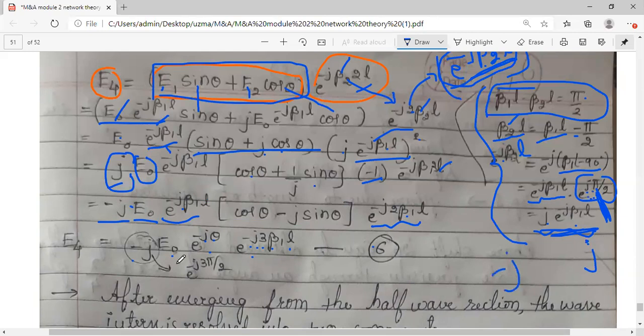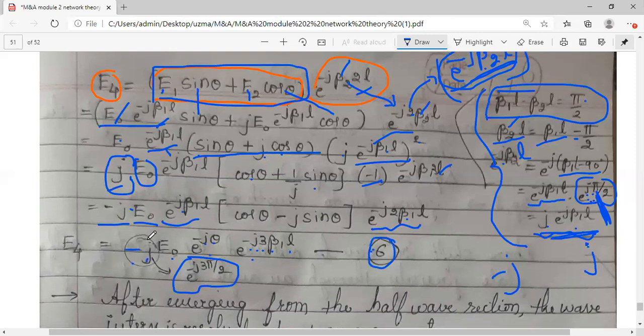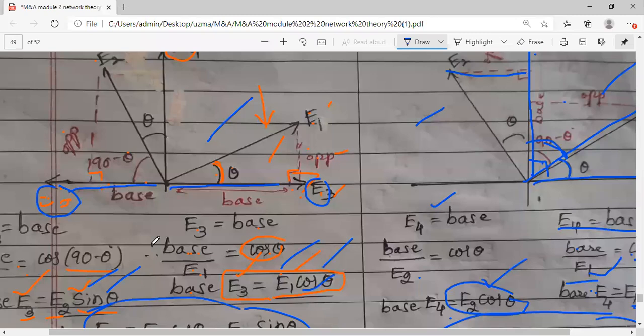It is e raised to minus j pi by 2. I have written here. I want to show you something. Check equation E4, equation number 6. Observe the components. You have a negative sign with j. Observe equation 3, which we derived just now.